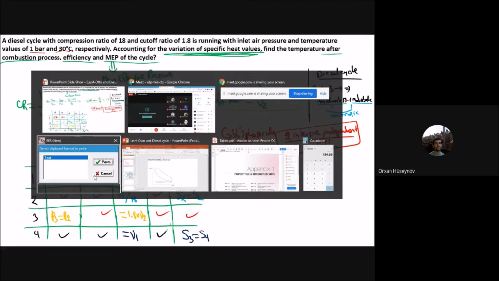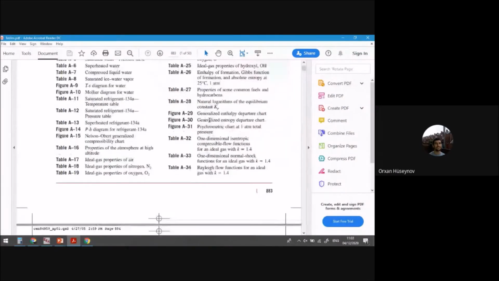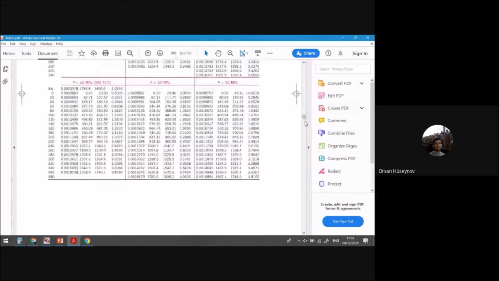So now let's go to the tables. I'm looking for the table for ideal gas as air, which is table A17. Let's go to table A17.